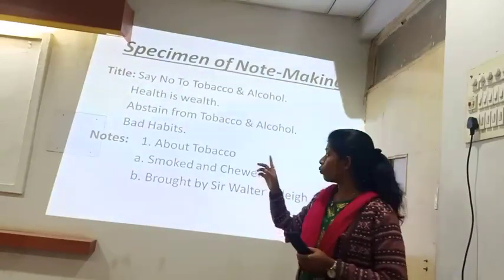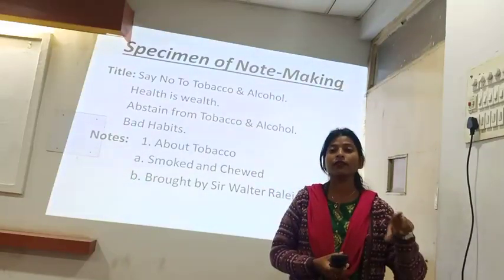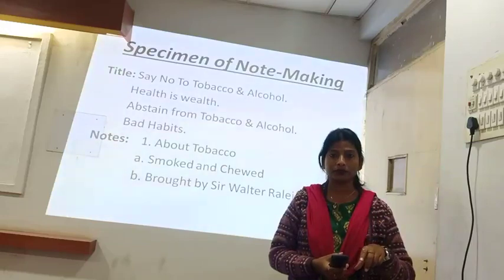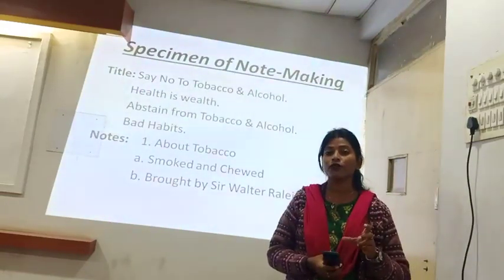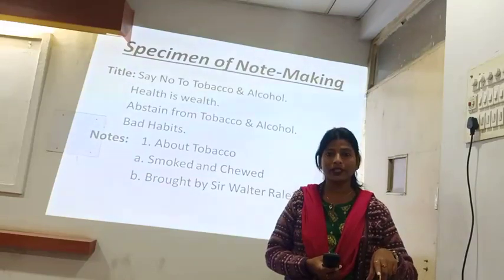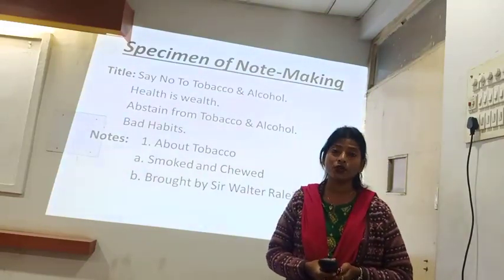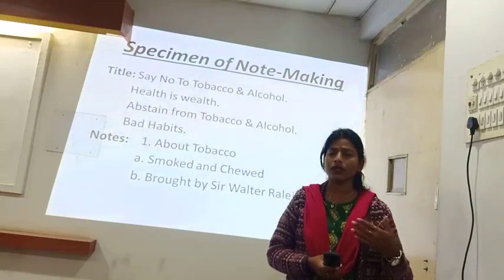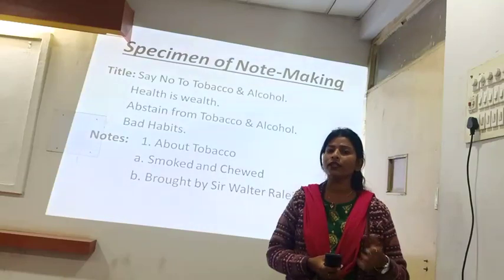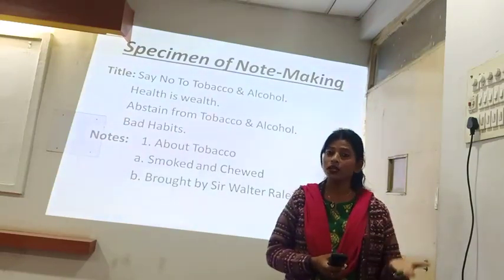Now Notes 1. 1 means what things are contained in your para 1, right? So again you have to give a subtitle for para 1. I have given the subtitle for para 1: about tobacco, right? According to you, you can give any type of title, but it should be based on the paragraph.